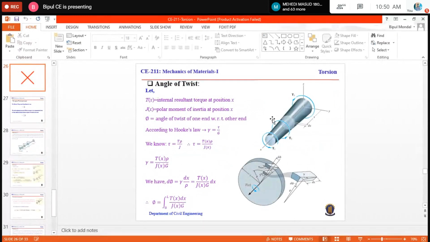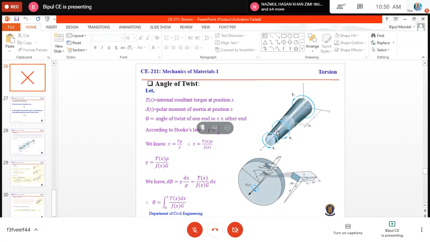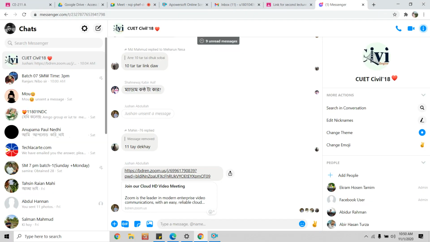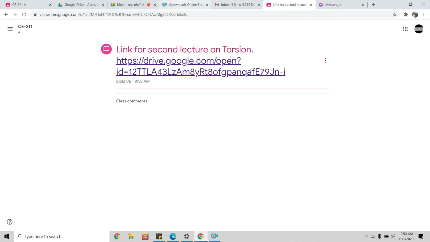Actually, if we apply torque, each cross section at each location along the length will be twisted, right? Say if you take a cross section here, and another cross section, each cross section will be rotated.